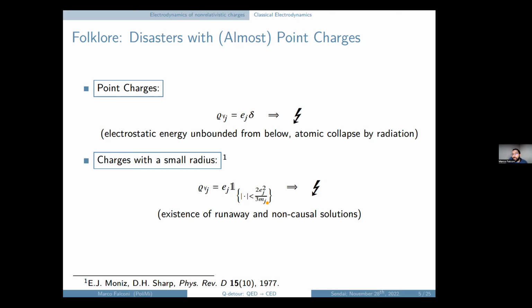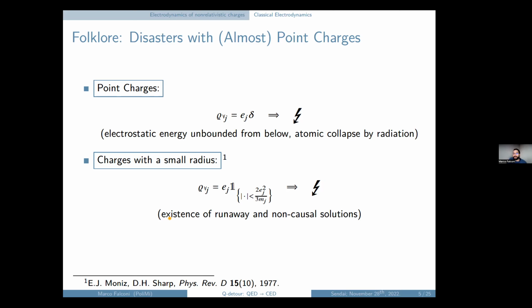This quantity depends only on the mass-charge ratio of each particle. If you take the charge to be distributed all inside this small ball, the electrostatic energy is then bounded from below, but still we have some unphysical behavior.